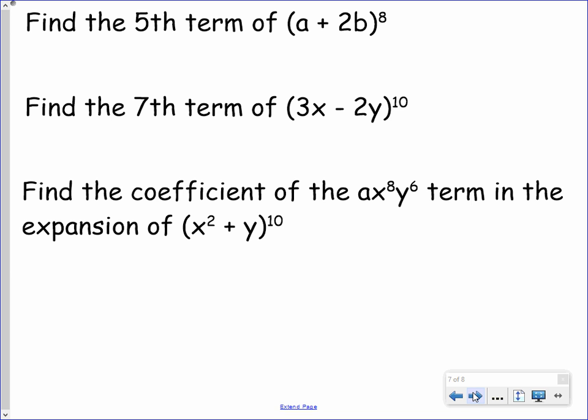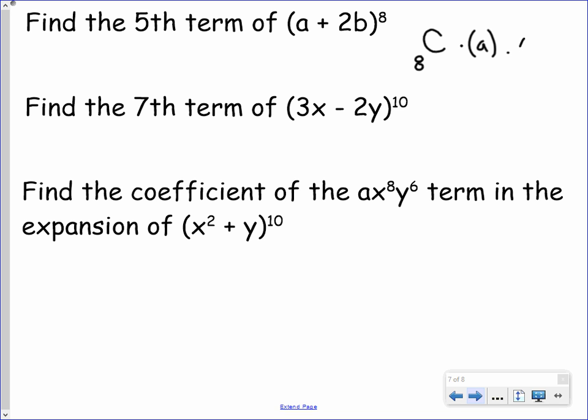So instead of doing that, what I would do is I know each term is made up of a combination. First term raised to an exponent and second term raised to an exponent. So I'm going to set this up. I know I'm going to do a combination of 8 choose something that's going to get multiplied by a raised to the something.